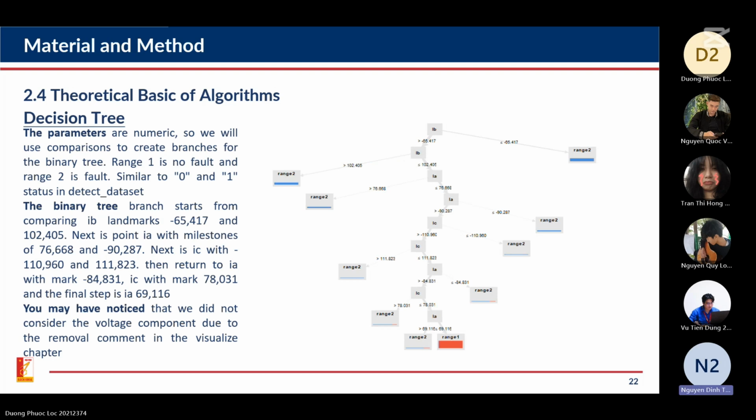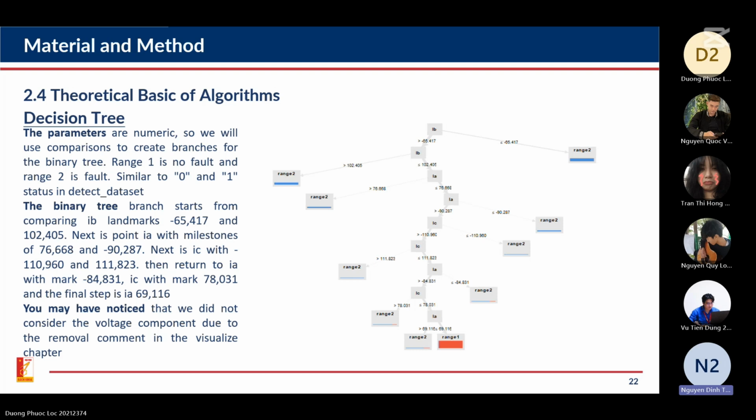And here is the tree. The parameters are numeric, so we use comparisons to create the branches of the binary tree. Range 1 is no fault and range 2 is fault, similar to the 0 and 1 status in the detect datasets.